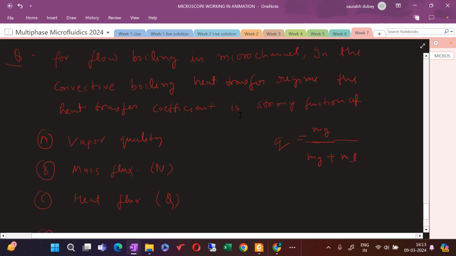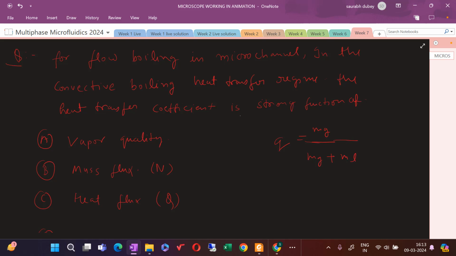You just look at it. Look at how this convective boiling heat transfer regime has its heat transfer coefficient dependence.